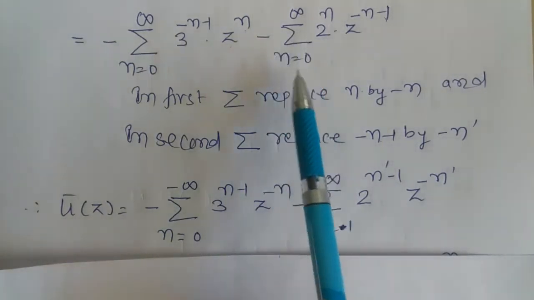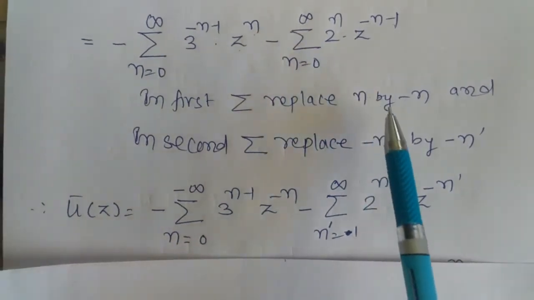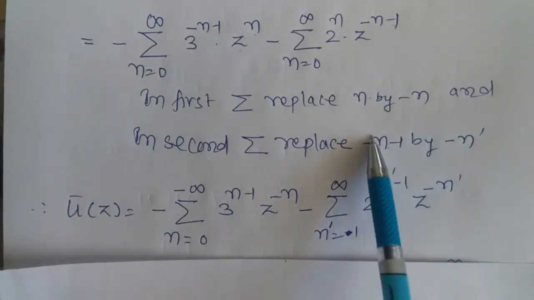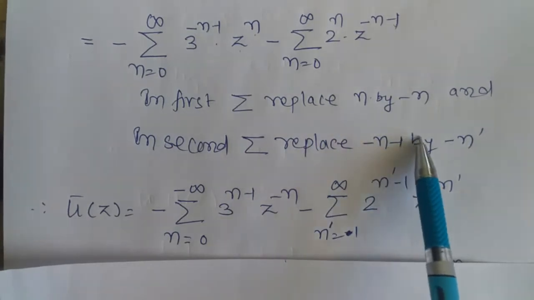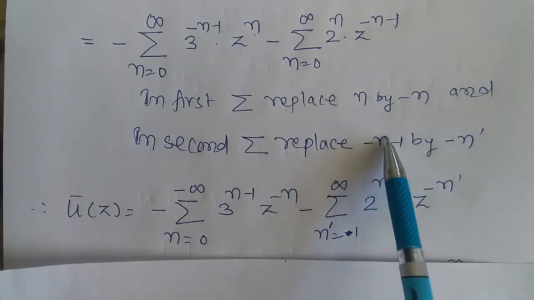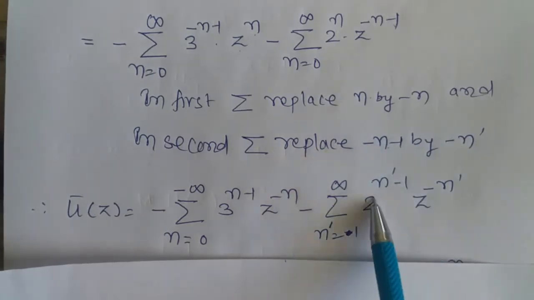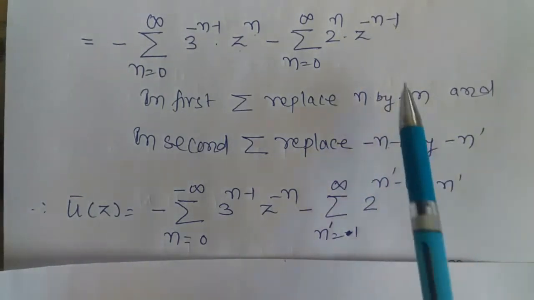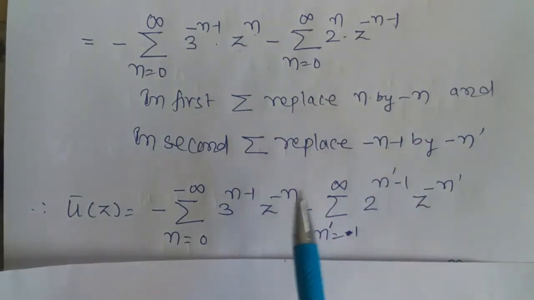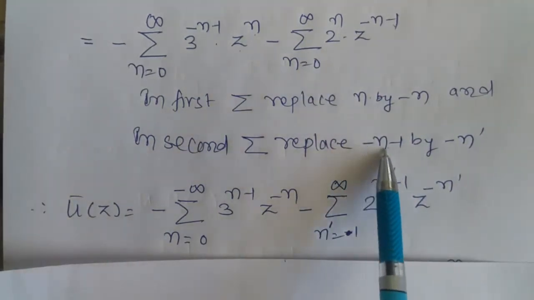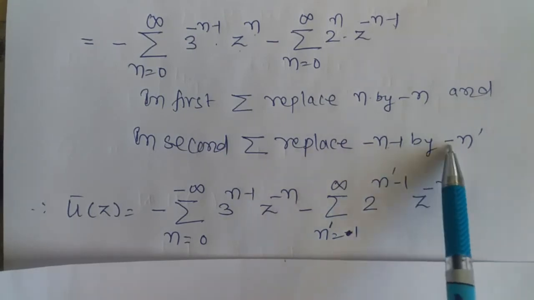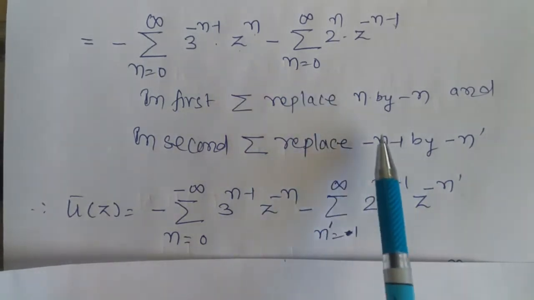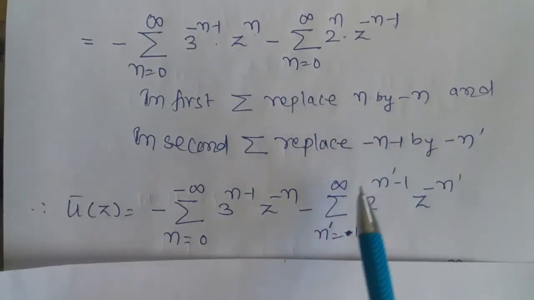Minus summation, here n is n dash minus 1. These two are equal, then value of n is n dash minus 1, and the value of minus n minus 1 is minus n dash. Now n is 0, gives minus n dash is minus 1. For n equal to 0 we get minus n dash is minus 1, so n dash is 1.